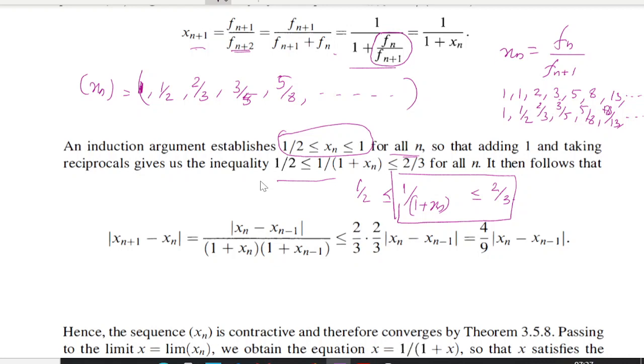So xn plus 1 minus xn is equal to, to write this using the formula, what is xn plus 1? Xn plus 1 from here is 1 by 1 plus xn, minus, what is xn?